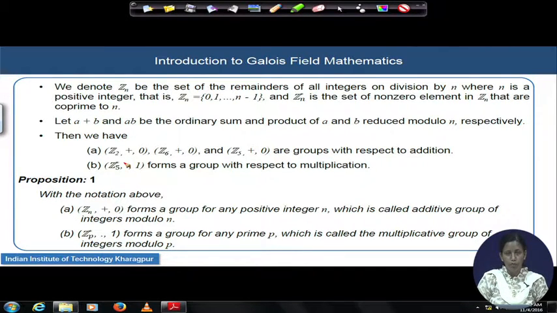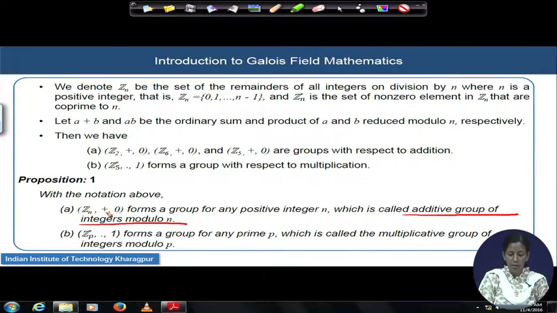So, now we can propose some theorem. With respect to this notation, we can propose that Z n plus 0, I mean with modulo n operation over the real numbers with additive operator and identity element 0, will form a group for any positive integer n, which is called the additive group of the integers modulo n.